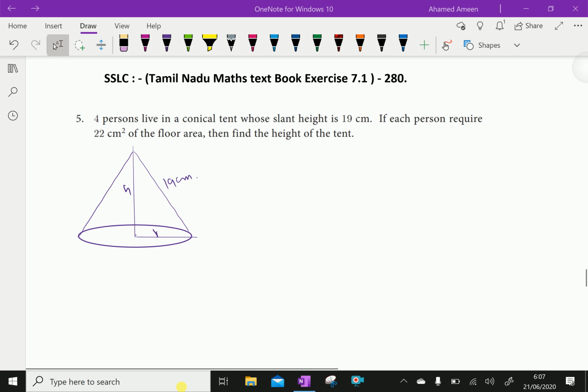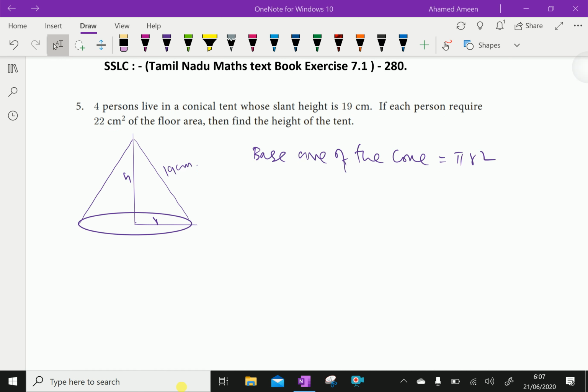Now the floor area where the four persons can sit is pi r squared, the base area of the cone. The base area of the cone is a circle, so it is pi r squared square units.